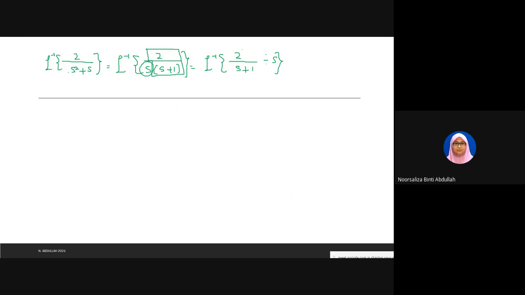So you will have an S and then in the brackets S plus 1. So this S is actually this one, and this one is your Fs.